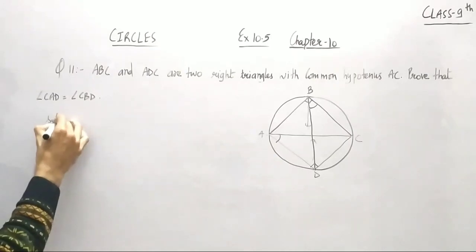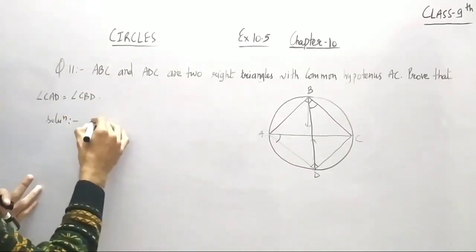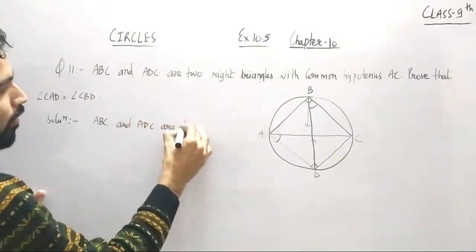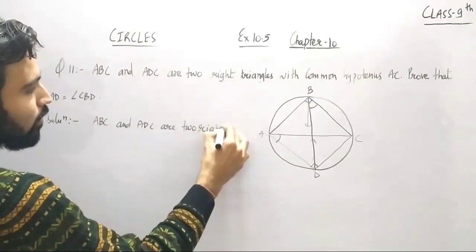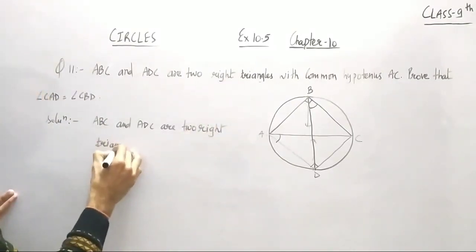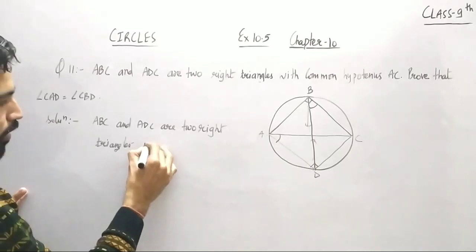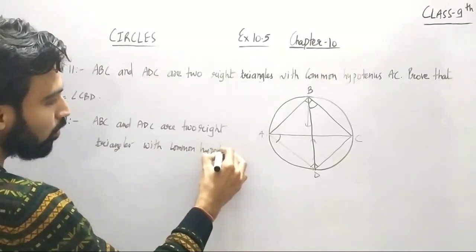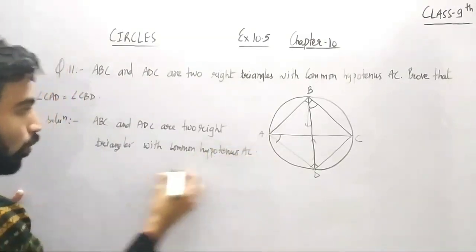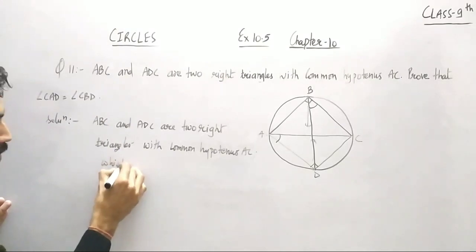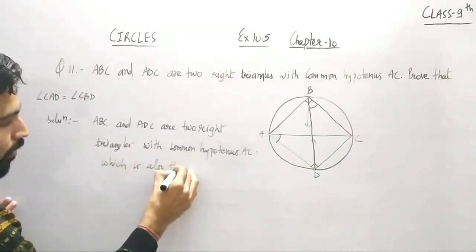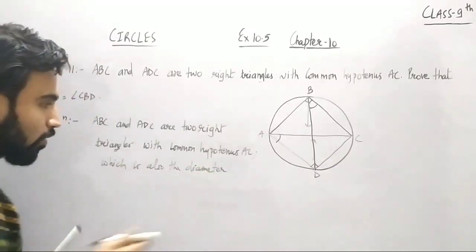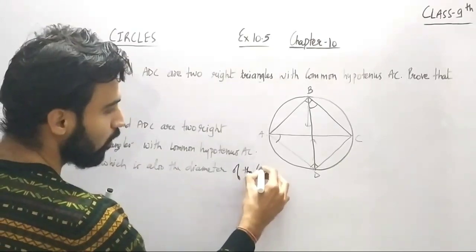So first let me just write down the given thing in the question. So here you can see ABC and ADC are two right triangles with common hypotenuse AC, which is also the diameter of the circle.